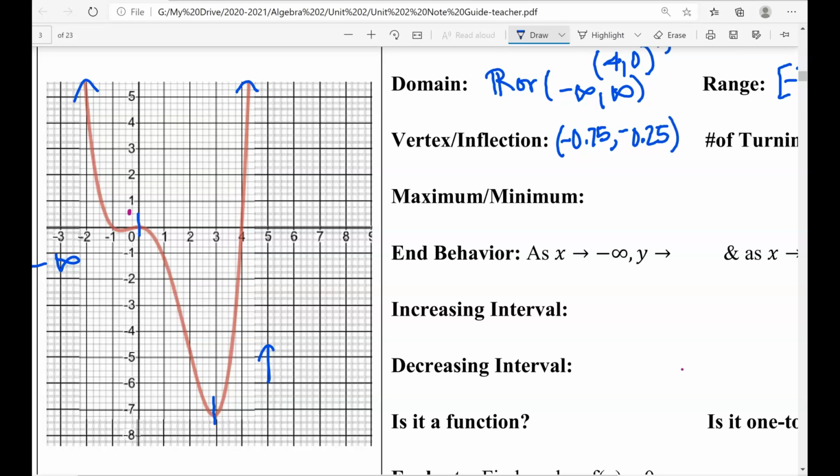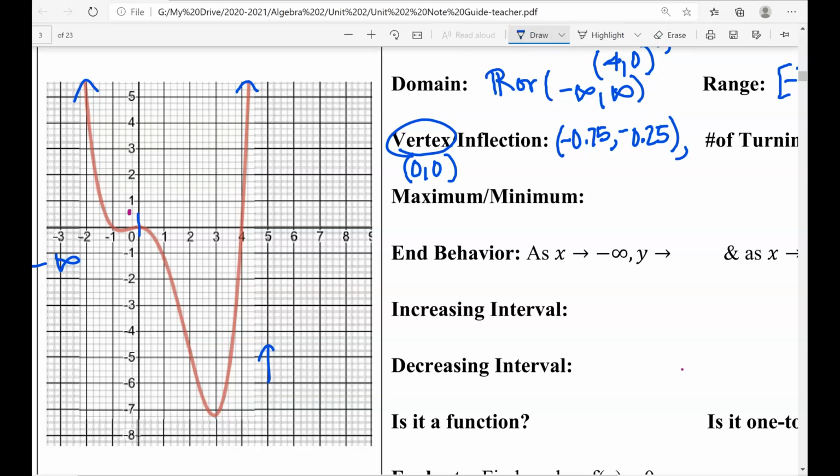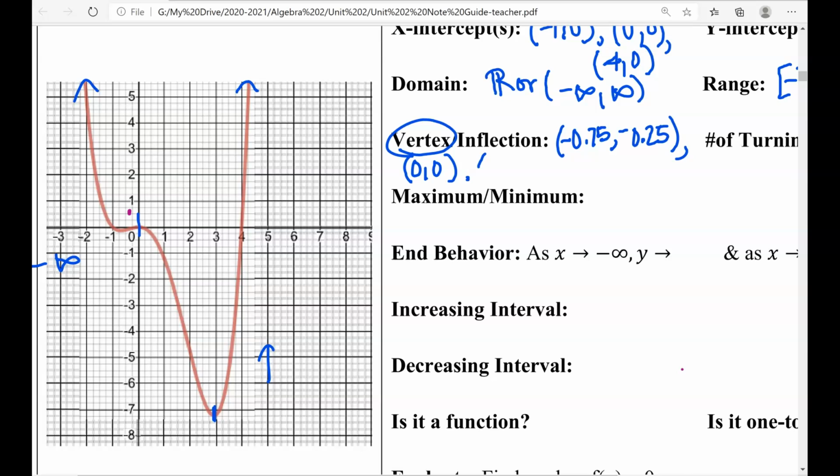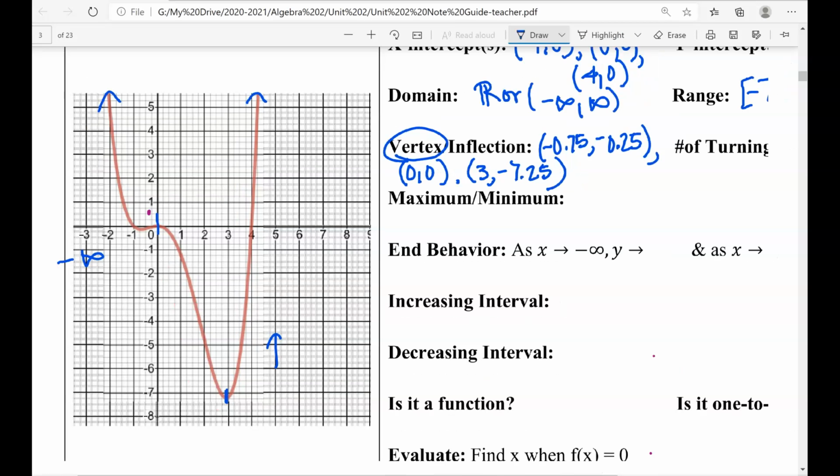That's the very first vertex. Let's circle the vertex. Then the second vertex is at the origin, so that's 0, 0. Then the third vertex, again for simplicity's sake, we're going to say is 3, comma, -7.25.